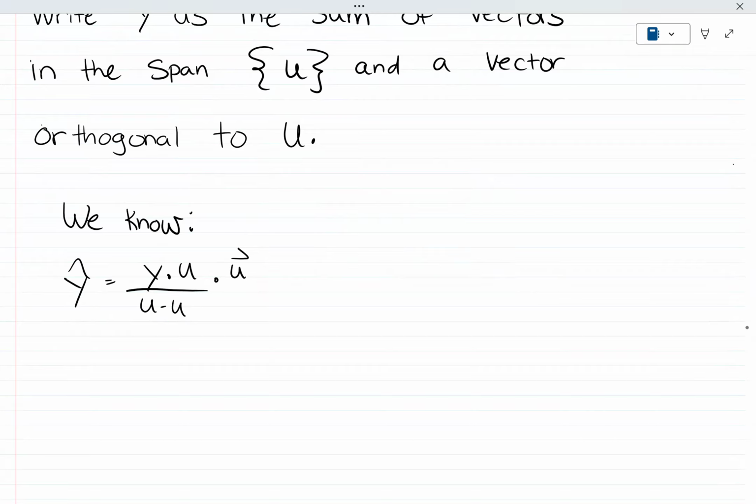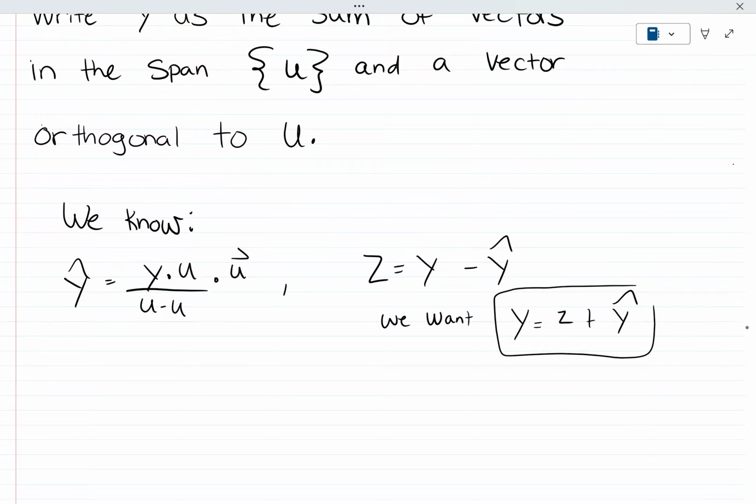And we also know that z is equal to y minus y hat. But what we want is just y by itself. So in order to get y, we'd have to add y hat to both sides. So that would be y equals z plus y hat. So that's what we need to find.